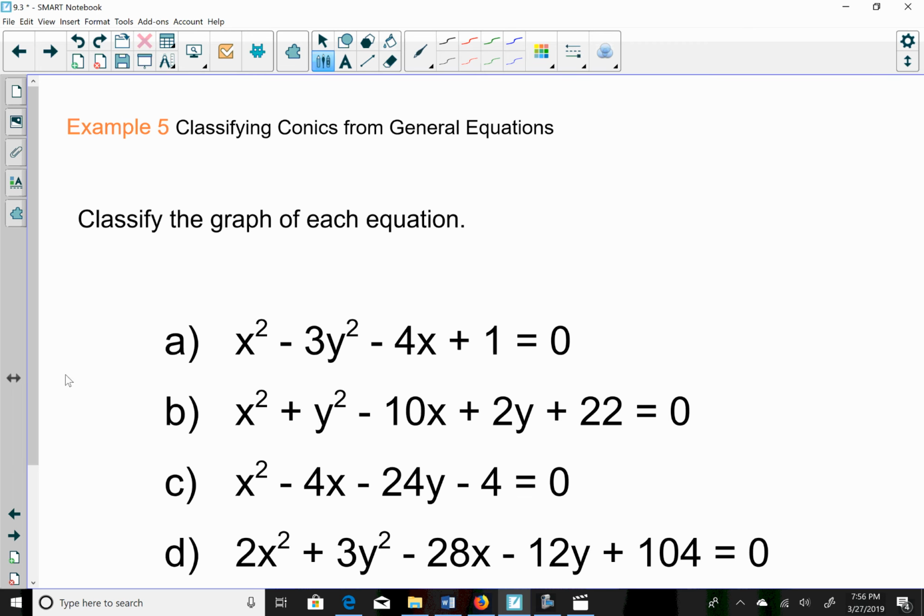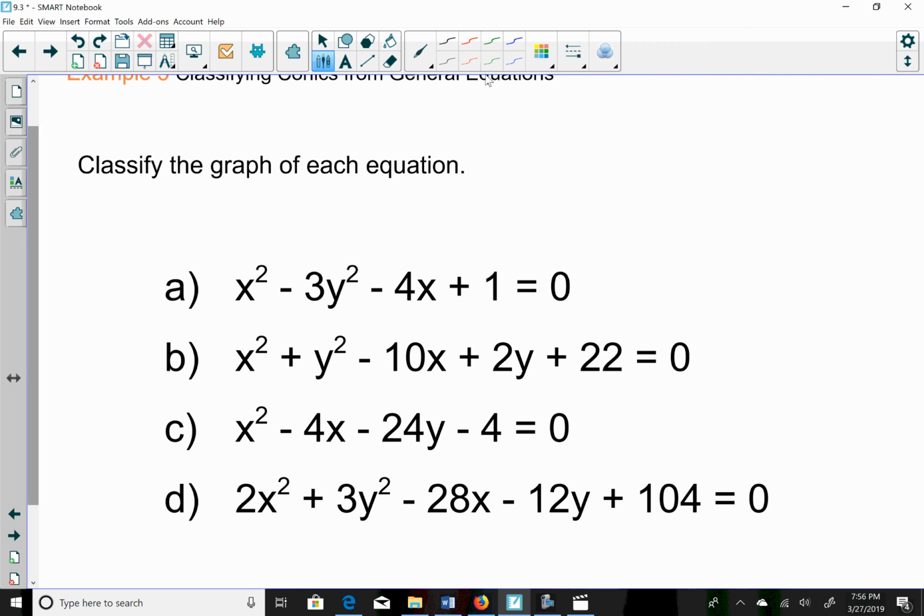When I'm looking at these equations and I want to classify them, I'm just going to look at whatever is squared. So I go here, x is squared, the y is squared. I see that this one is positive, this one is negative, which means this whole thing is a hyperbola. That's it. That's all I have to do.